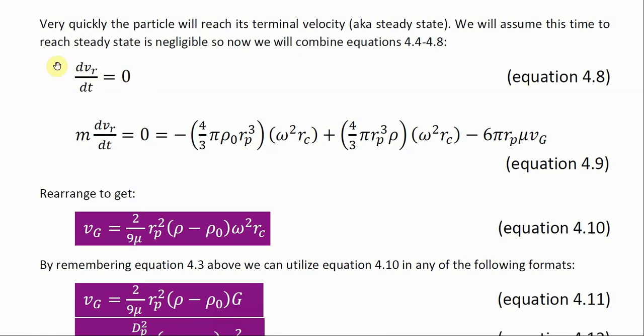So that's the acceleration is 0. So now we can say m dv sub r divided by dt equals 0, as we showed in 4.8. And that equals our f sub b plus f sub c minus f sub d.